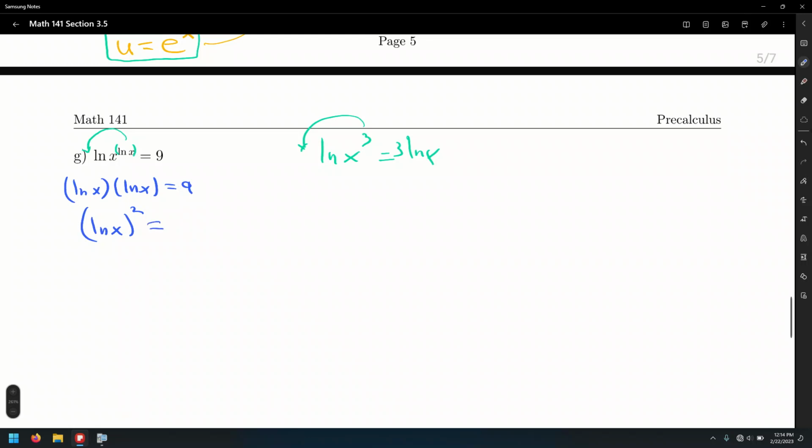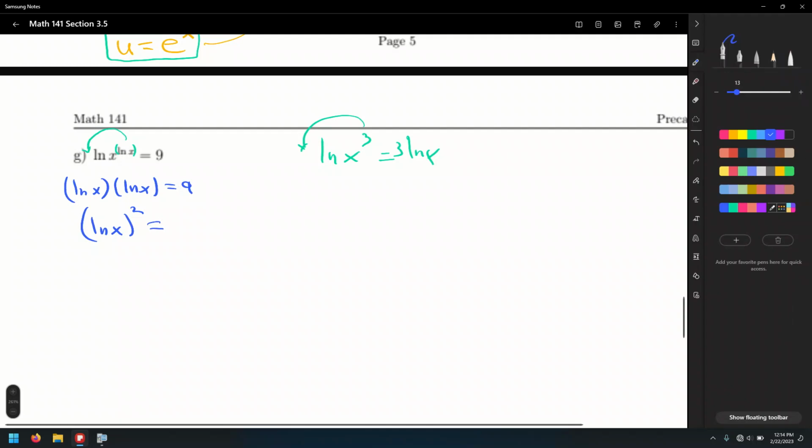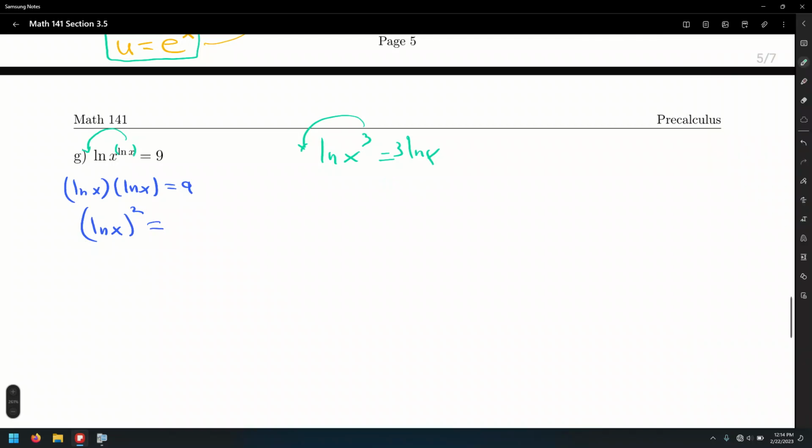Now, side note, and let me write it down here. So the side note: ln of x times itself is equal to ln of x quantity squared, all right?